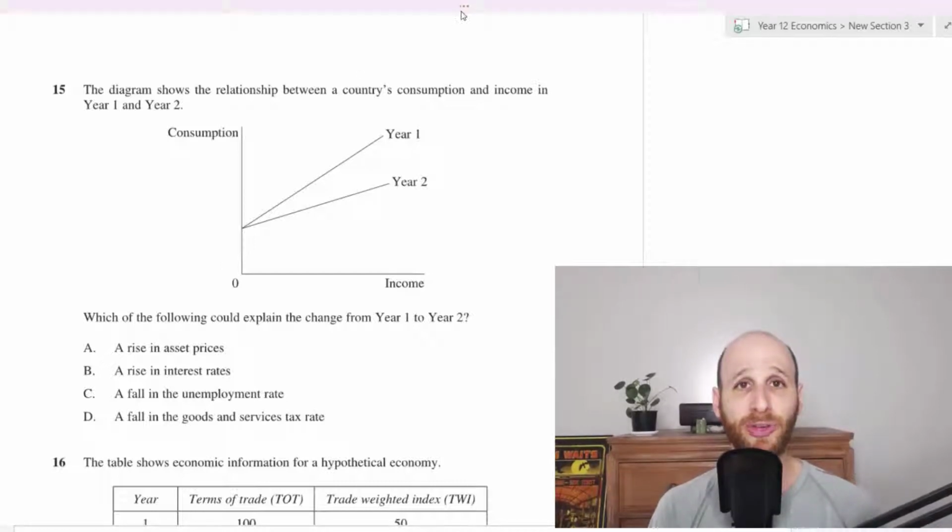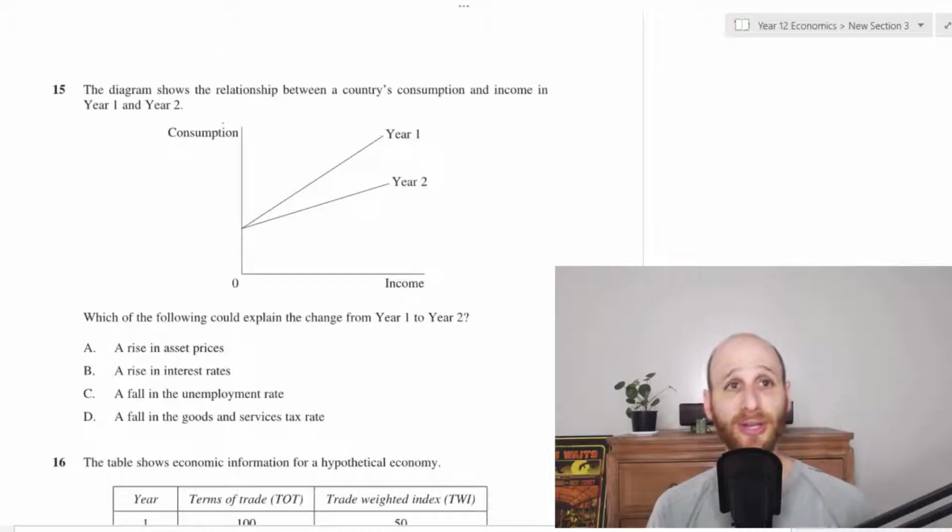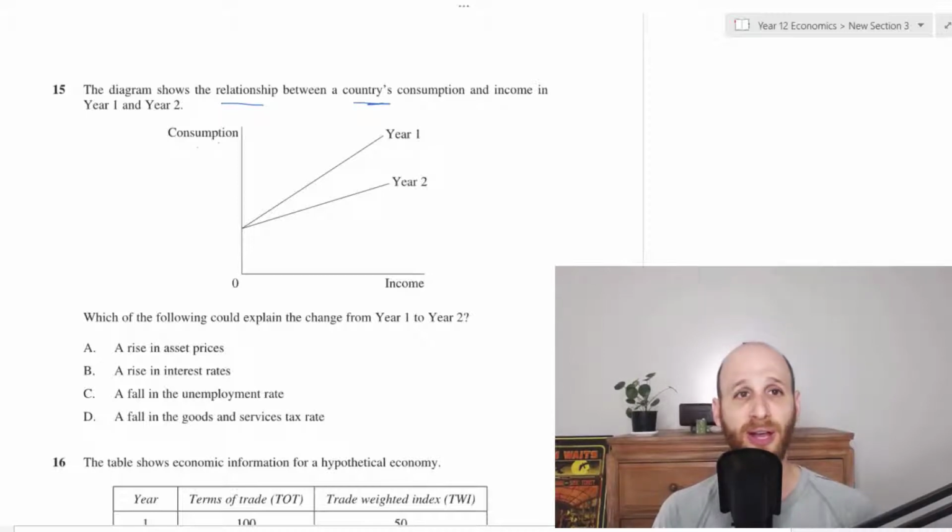What I might do is just change pen color for a little bit. Okay. The diagram shows the relationship between a country's consumption, C, and income, Y, in year 1 and year 2. So we can see here that in year 1, consumption is higher.